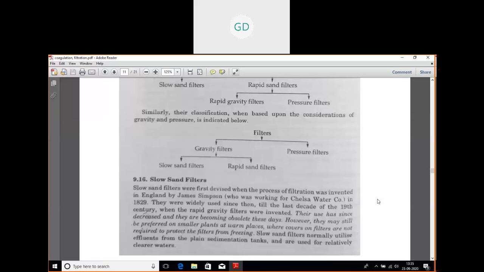But now you may ask me one question, that ma'am, if slow sand filters give purer water than your rapid gravity filters, so why don't we use slow sand filters nowadays? The thing is that slow sand filters require a very vast area for installation.